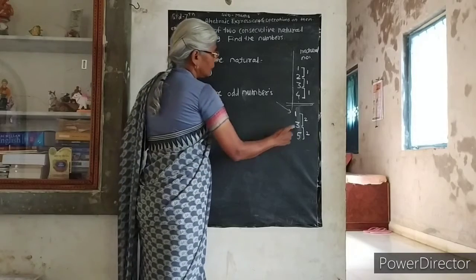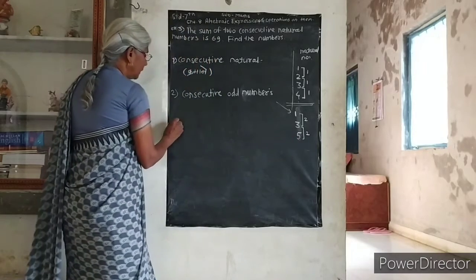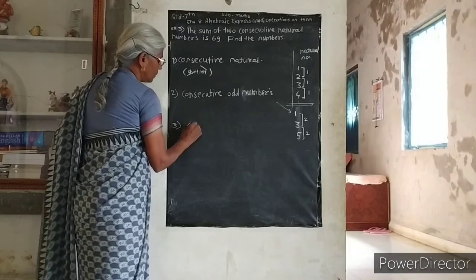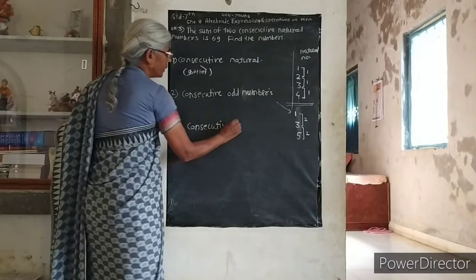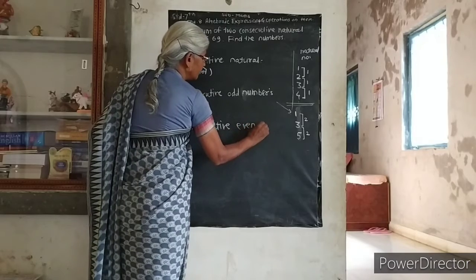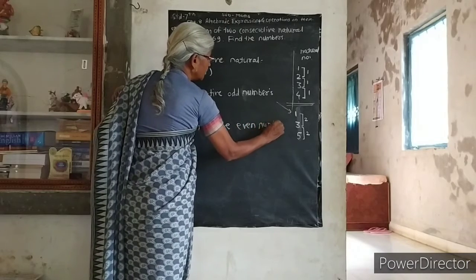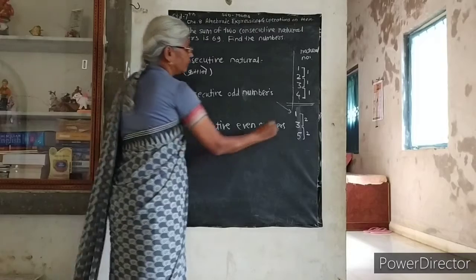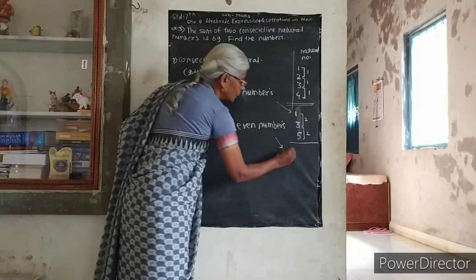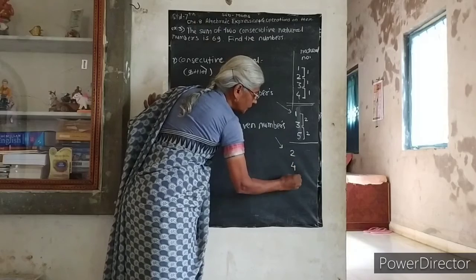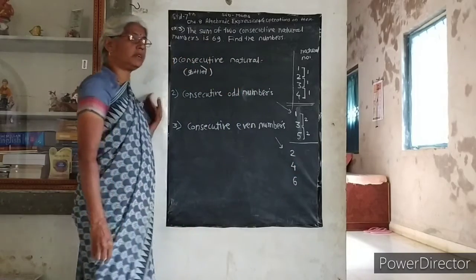Then, if we take consecutive even numbers, even natural numbers, see here, 2, 4, 6, you know that these are the even numbers.